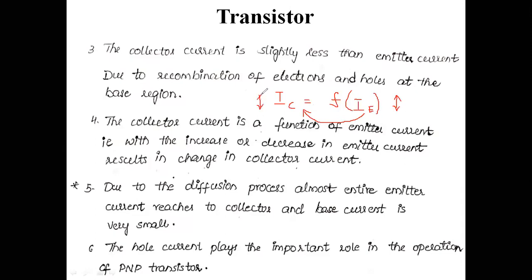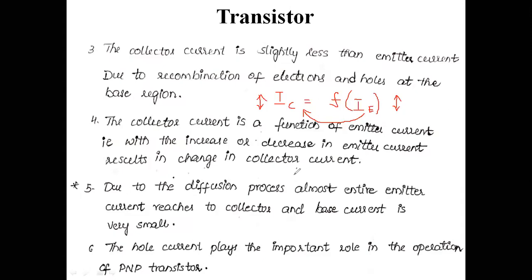Okay, that is the meaning of this one. Here emitter current లో మనం ఏదైనా చేంజెస్ తీసుకొస్తే ఆ చేంజెస్కి తగ్గట్లుగానే కలెక్టర్ కరెంట్ కూడా యాక్ట్ అవుతుంది అనమాట. దట్ ఈస్ మీనింగ్ ఆఫ్ దిస్ పాయింట్.